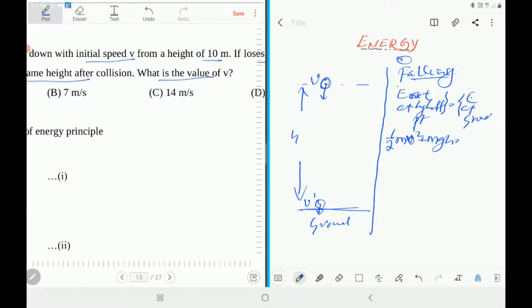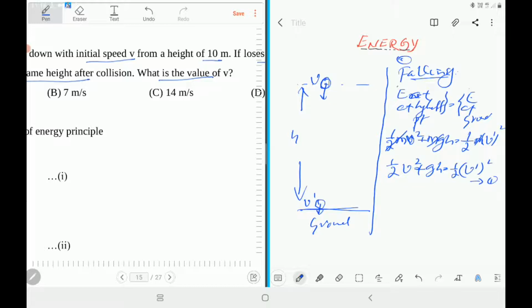And that is equal to the energy while hitting the ground with velocity v dash, that's why you write half m v dash squared. So we can remove m. If you remove m, you can write half v squared plus g h equal to half v dash squared. We'll use it in the next case. You may take it as equation 1.